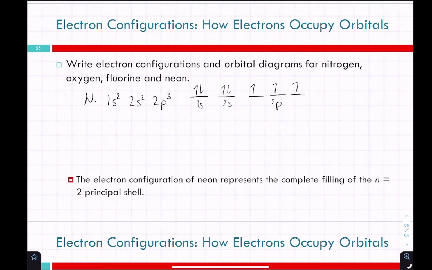So because the p has 3, that's why you could put a 3, but you can't put a 4 there, right? We could put a 4, and actually we'll do oxygen. You could go up to 6, up to 6 for the p, because you can put opposite spins.